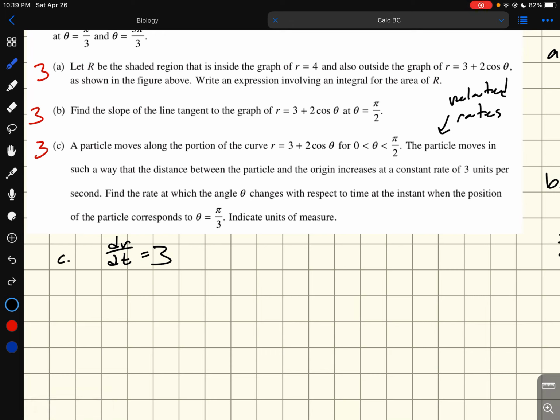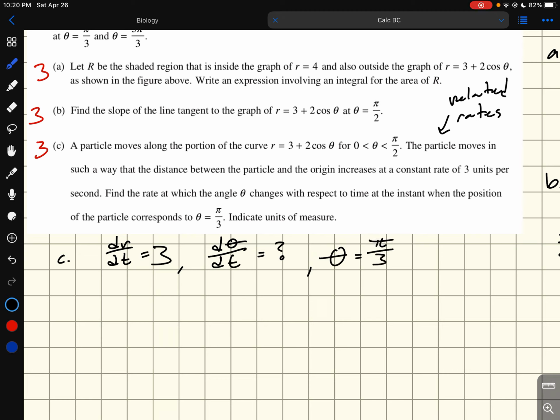And then we want to find the rate at which the angle changes with respect to time. That's d theta dt, the rate of change of the angle with respect to time, so this is a question mark right now. We want the rate of change at theta equaling pi halves.